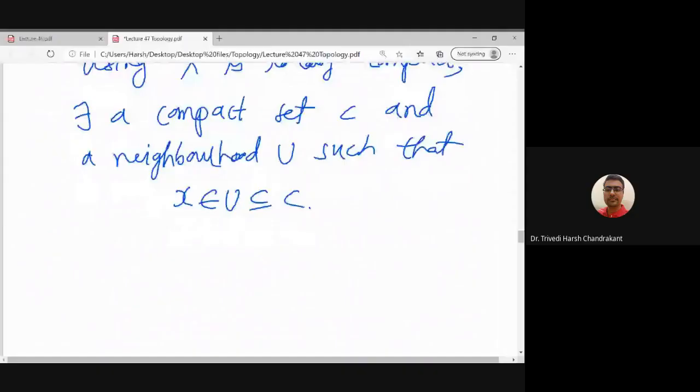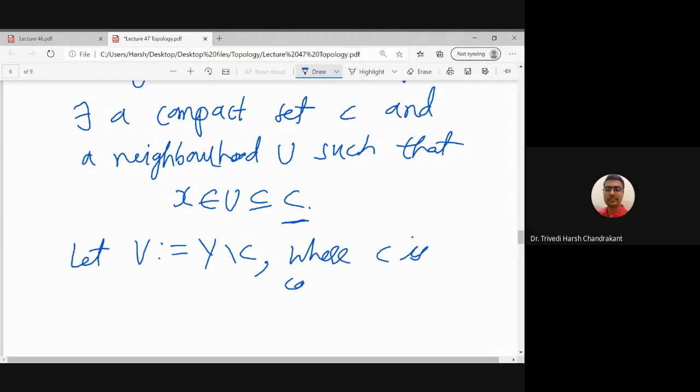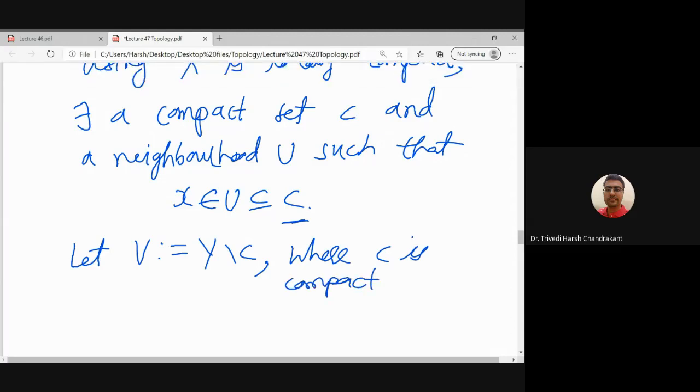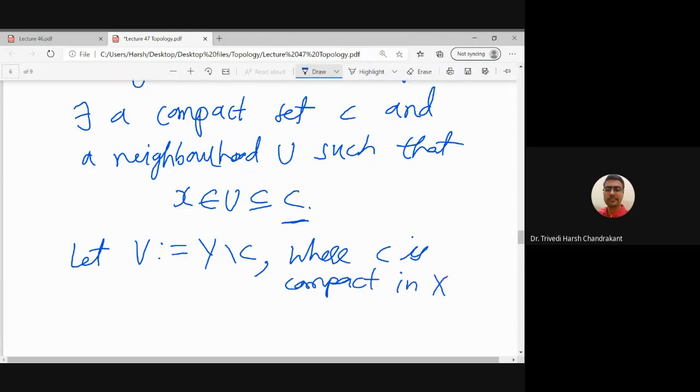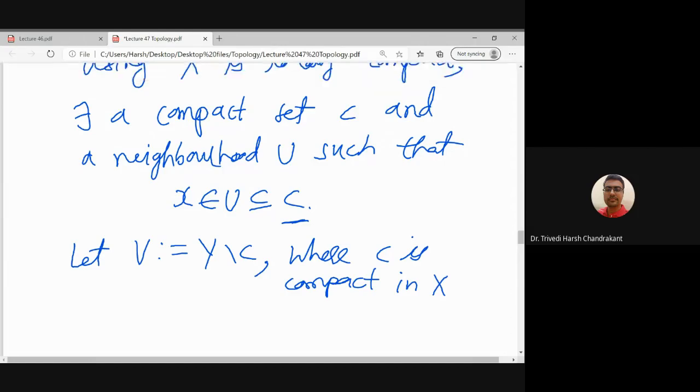Now we got one open set, but to show Hausdorff we need another open set. For that we use this compact set. We consider the open set V, which is the complement of C, where C is compact in X. Since C is a compact subset of a Hausdorff space, it is closed, so its complement is open.